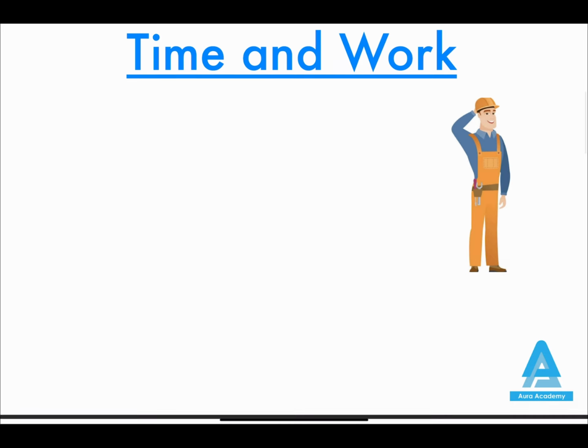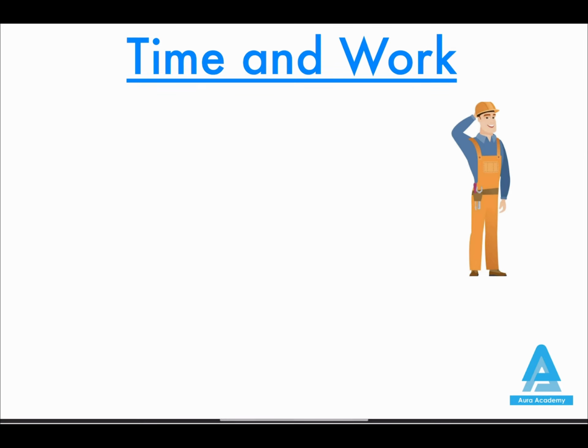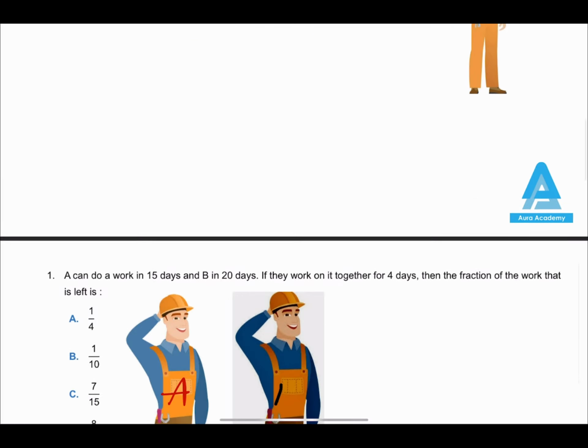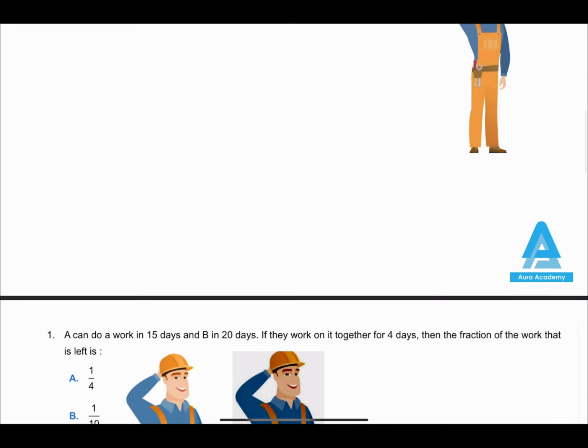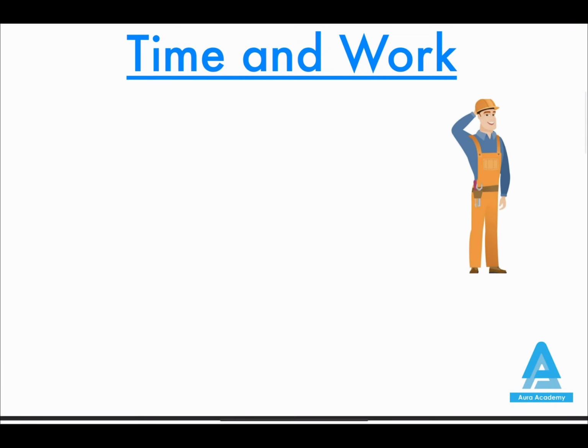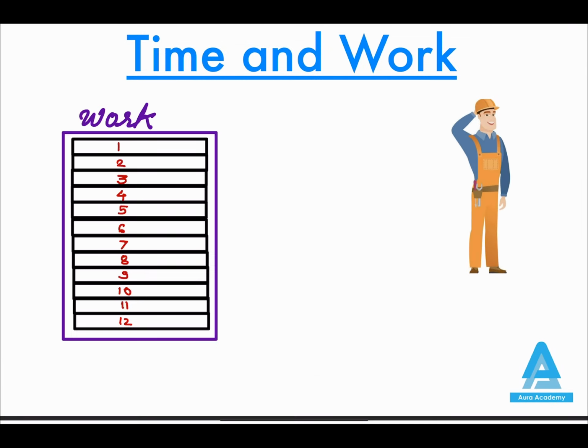Now, with the help of very basic knowledge of mathematics, we are going to solve questions like this. First, I am defining a work as an entity, and we are going to find out how much of that work is being done in a single day.